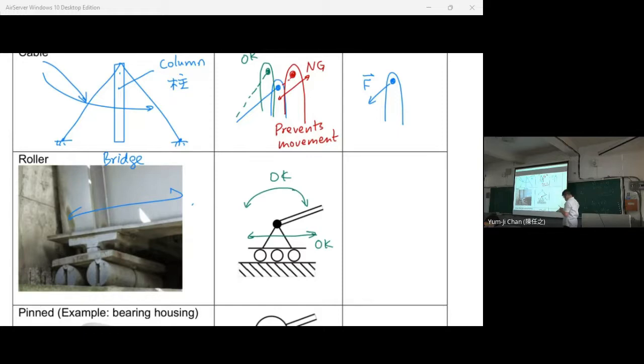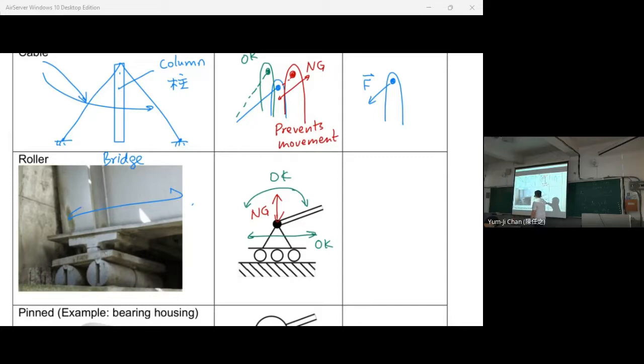But we say it cannot go up or go down. I think you can see that it cannot go down, right? Because there is a floor here.